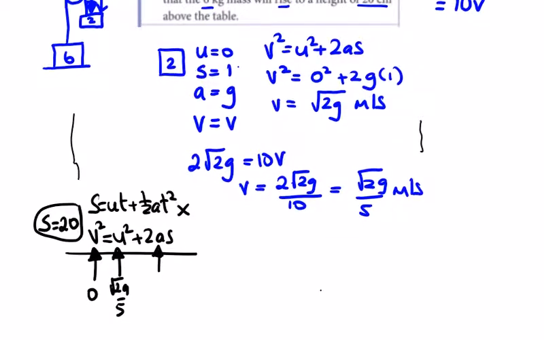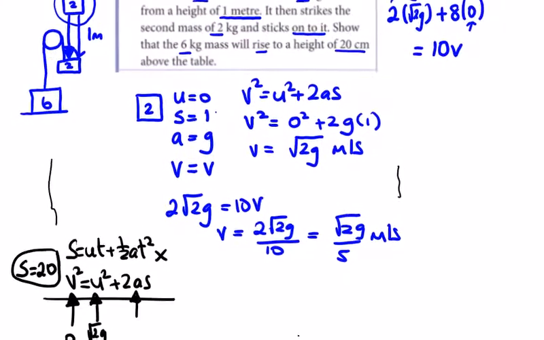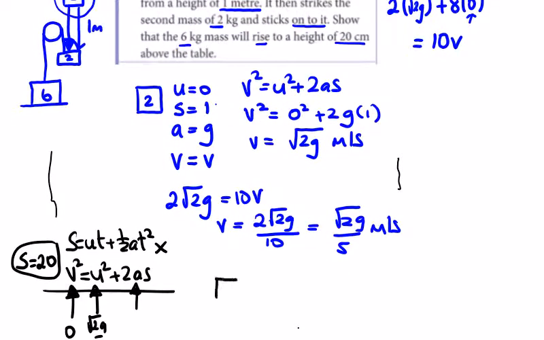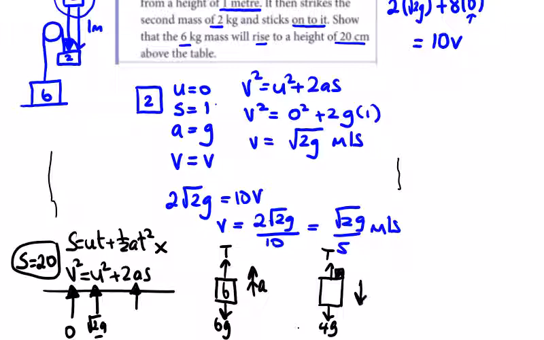For the acceleration of the new system, we're going to need to do our forces diagram. So we have the 6, we have the string, it's going up in this direction, we need this acceleration, and we have 6g holding it back. So we also have our 4 now. The string will still be connected, tension T, and we're going to have 4g and a going down in this direction.